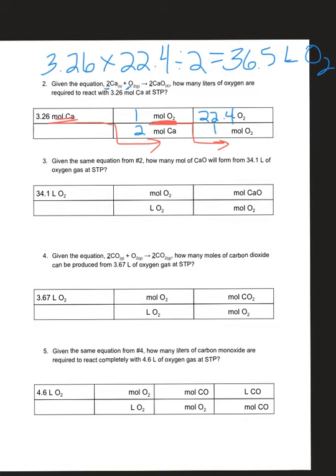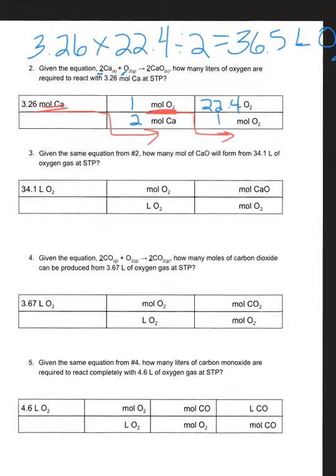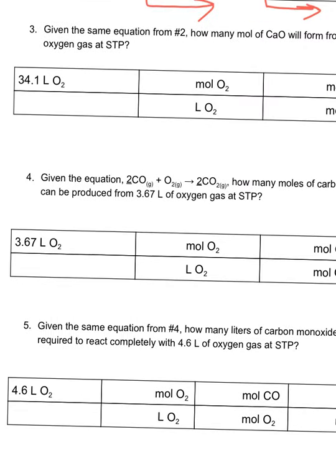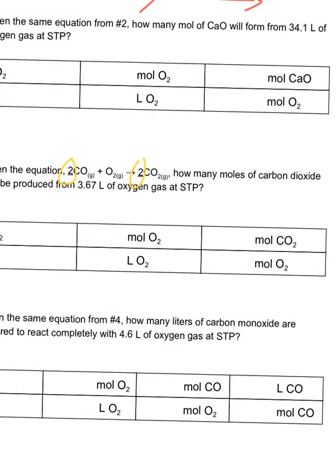Remember, only use these coefficients if you have a mole ratio. How do you know it's a mole ratio? There's moles on both sides of the train track, on top and on the bottom. Only use the coefficients if you have that mole ratio.